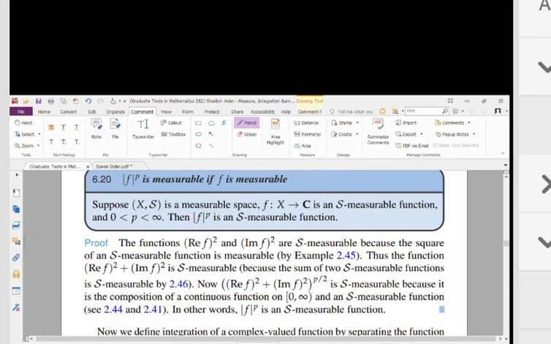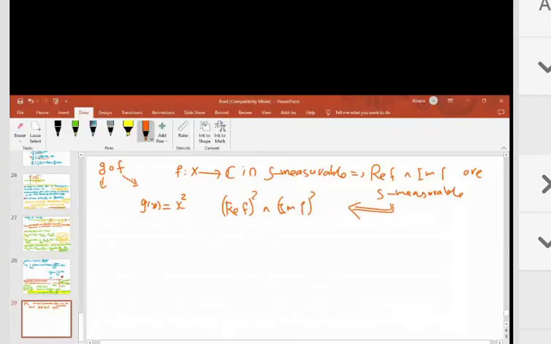Now this function is S measurable because it is a composition of a continuous function on this interval and an S measurable function. This is the theorem that I mentioned for you: composition of any continuous function.